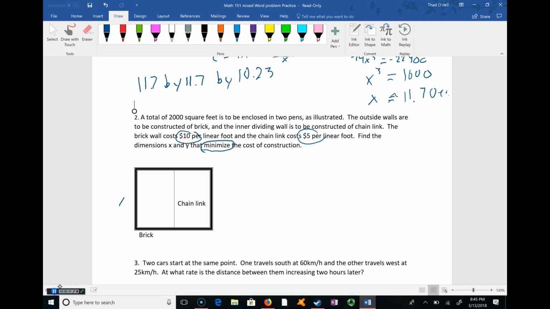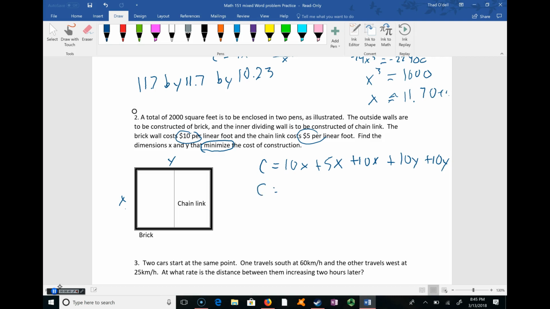If we call this x and that y, that means my cost is going to be equal to 10x because of this, plus 5x because of that, plus 10x because of that, plus 10y because of that, plus 10y because of that.